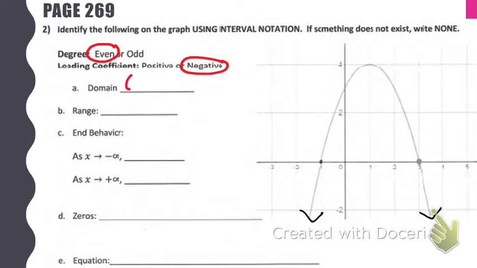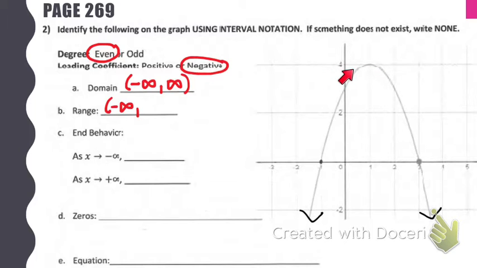Your domain will always be all real numbers for your functions. For your range, you're looking for your lowest point. Because it's going down, the lowest point is -infinity. And the highest y value is right here.